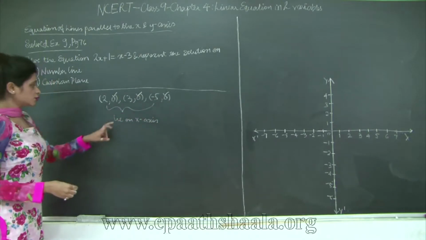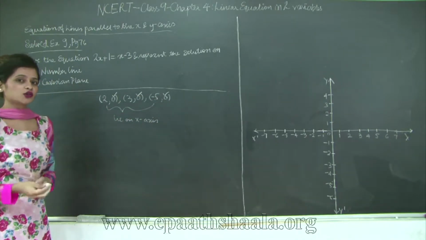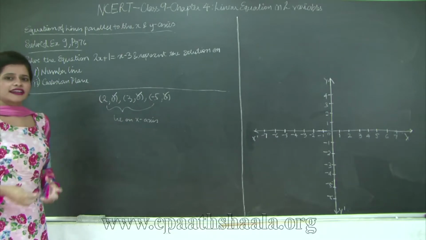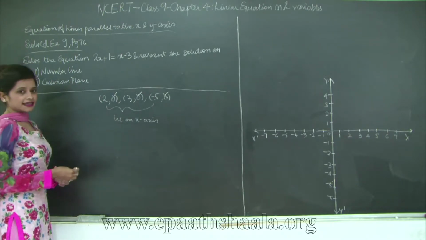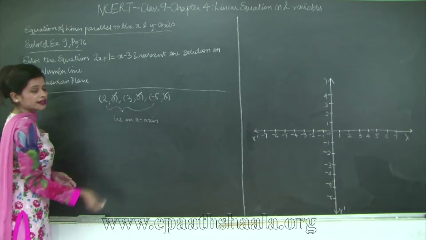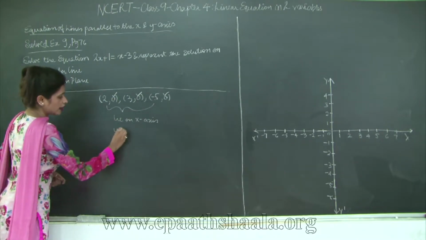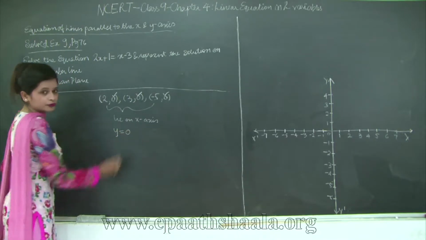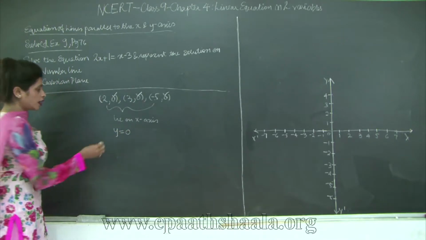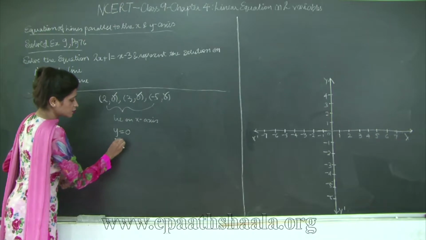So using this, can you find the equation of the line of the x axis? Obviously the y coordinate is 0, so the equation of the x axis is y is equal to 0, and the equation of the y axis is x is equal to 0. Why?